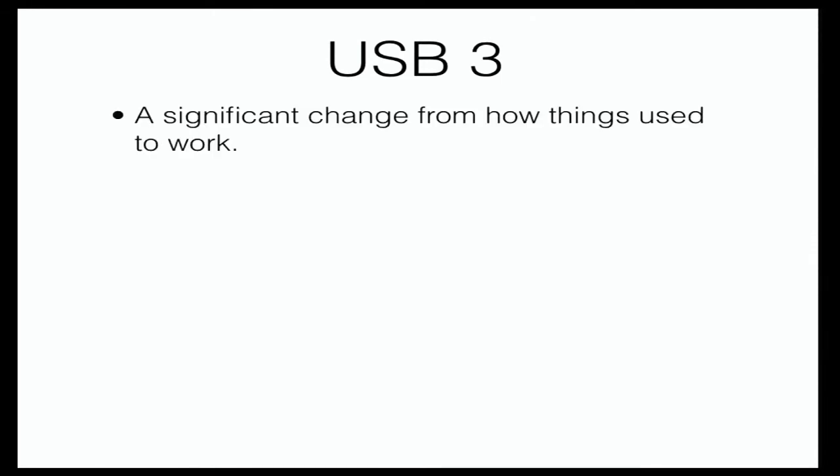USB 3 required a significant change from how things used to work. A lot of things changed. Device enumeration changed. When you plug something in, the way that the system finds it and attaches it to the system changed quite drastically because USB 3 works differently.